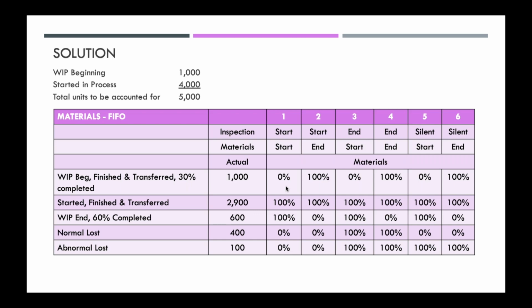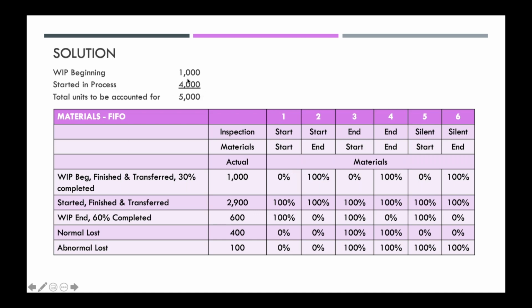Kaya sa previous department kung saan siya nanggaling, kung meron man or naiwan yan last month. So last month, hindi lang siya natapos pero nalagyan na siya ng materials. Kaya 0% siya. Okay? Beginning siya, 30% completed already, so therefore meron na yung materials.